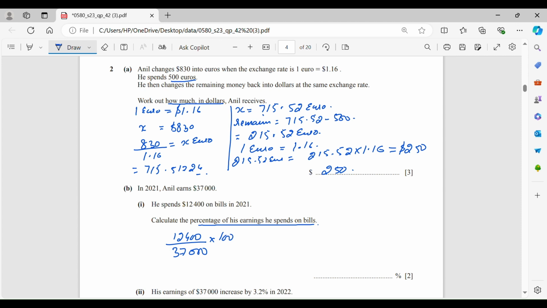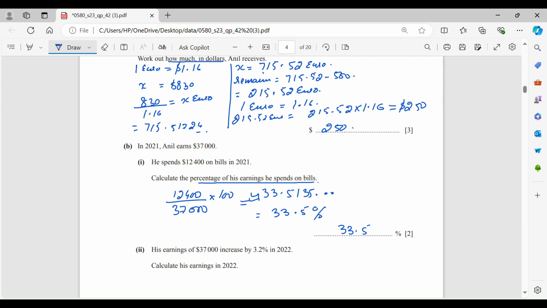We will use the calculator here. This is 33.5135, so our answer is 33.5%.